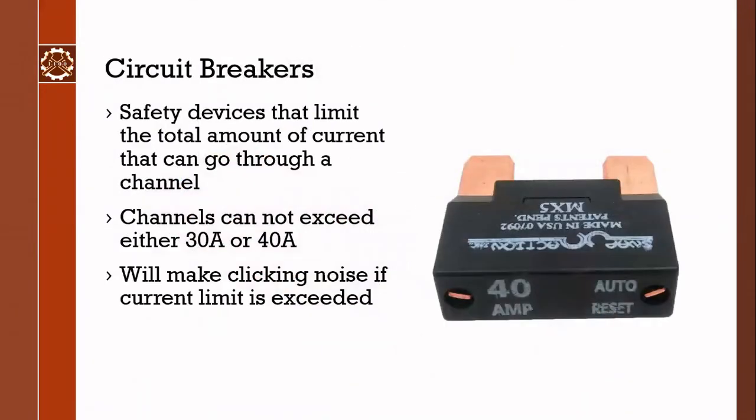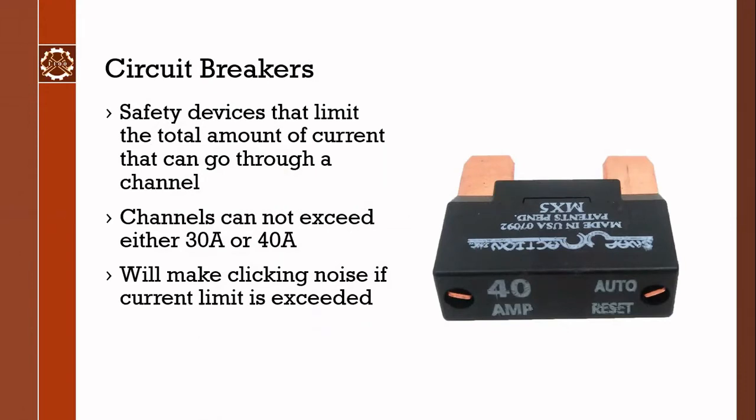So moving on to breakers, circuit breakers basically limit the amount of current that goes through a channel. For example, as shown in the picture on the right, this is a 40 amp breaker, and it will not allow more than 40 amps to go through a channel at a specific time.